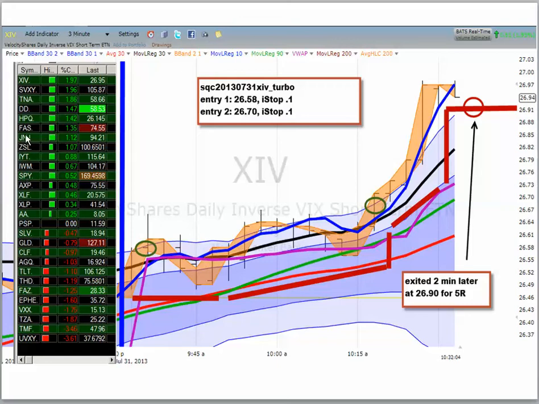And I noticed things like Johnson & Johnson, Hewlett-Packard, DuPont are all individual companies doing better than the market, so that would be a natural place to look. TNA is the triple leveraged Russell 2000. So this is generally an up day, and I feel like we did a good job of finding the strength leader for that day, and we were able to lock in 5R.